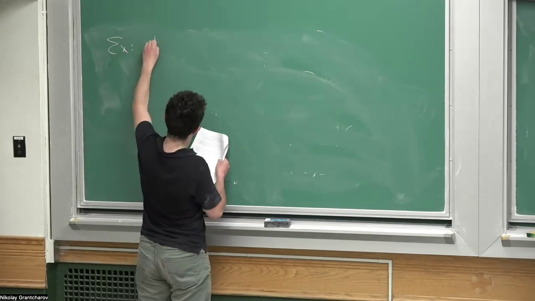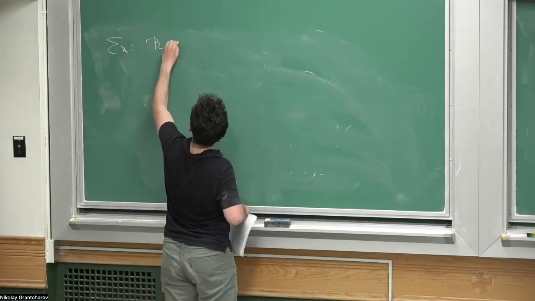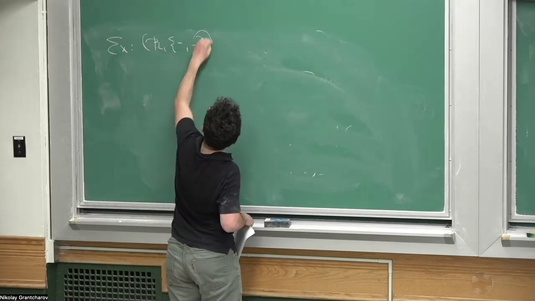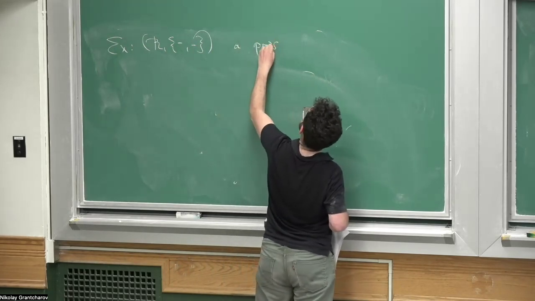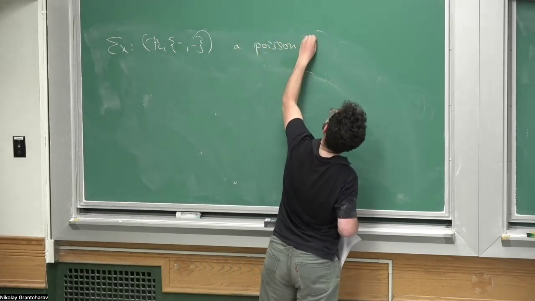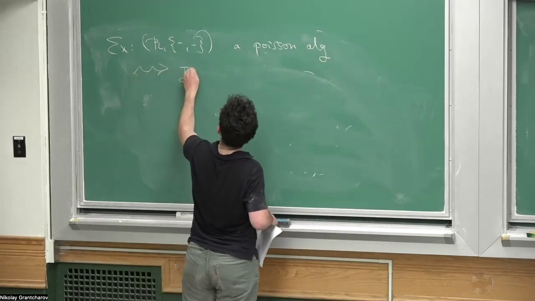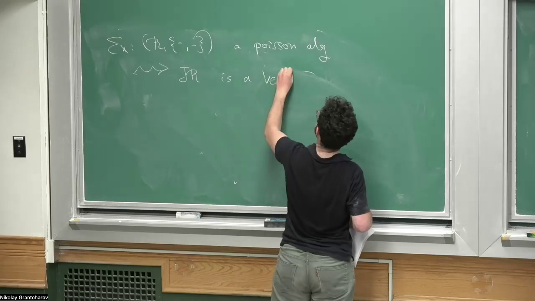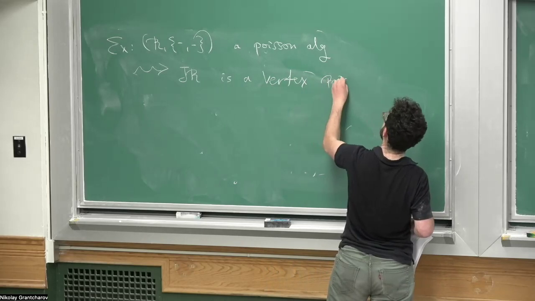Example: this is going to have the structure of a vertex Poisson algebra.